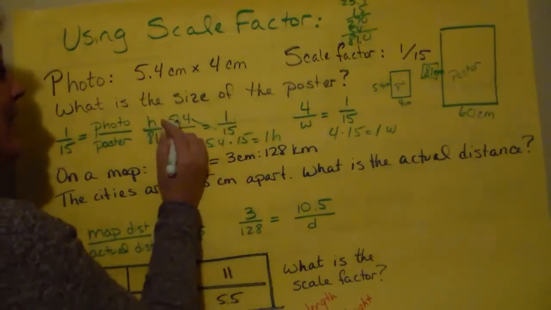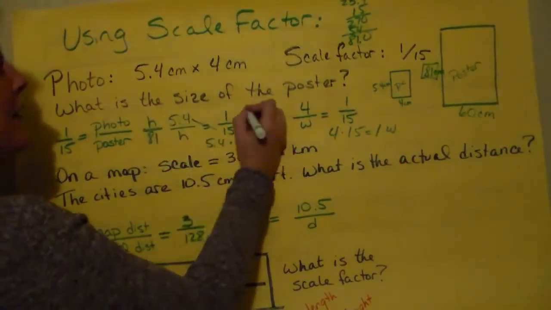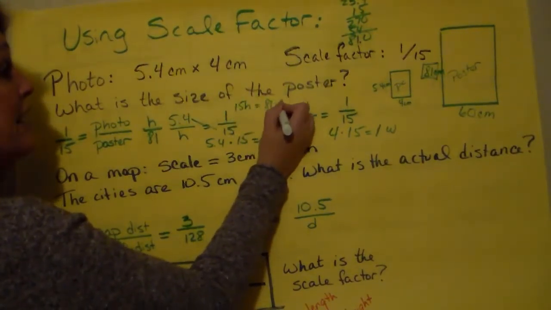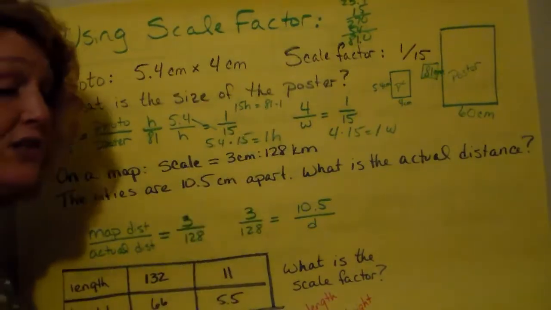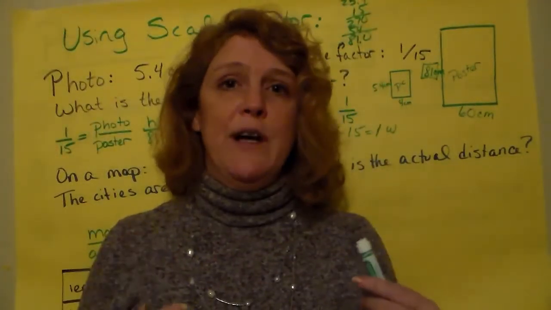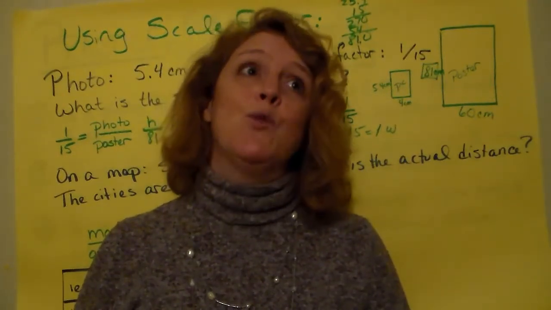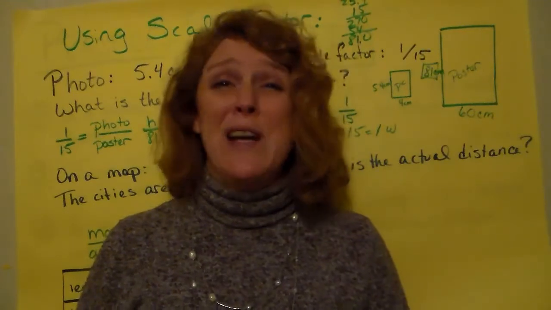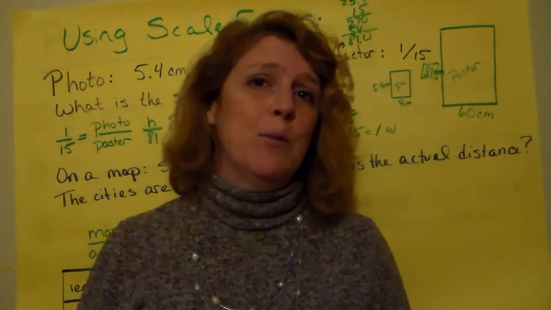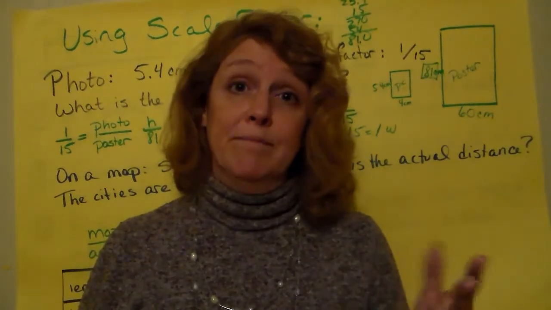So now my 81 and my 1 over 15 look like this. You would have ended up 15 times h equals 81 times 1, and you would have had to divide. So setting them up in proportions helps you find out what operation you're using. And if it's not 1 to 15, let's say it's 3 to 10 or some odd set of numbers, it'll help you figure out what you're multiplying by and what you're dividing by. Okay?